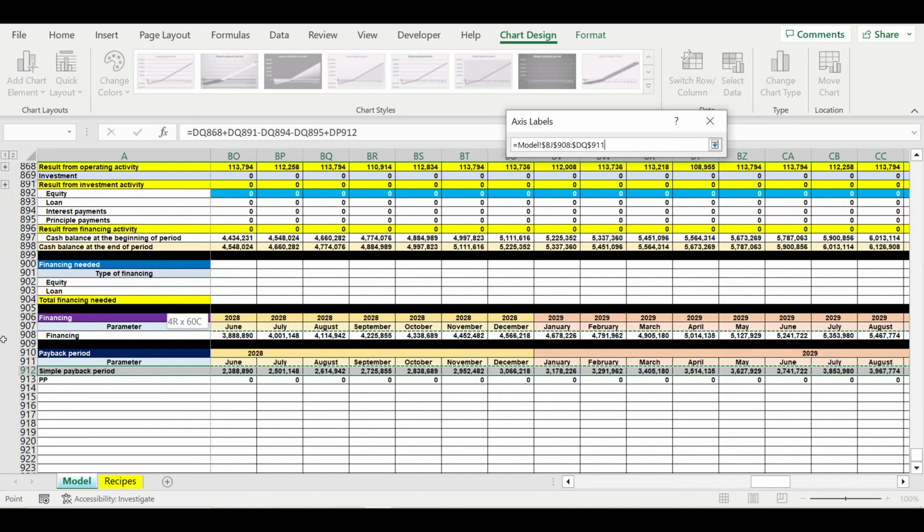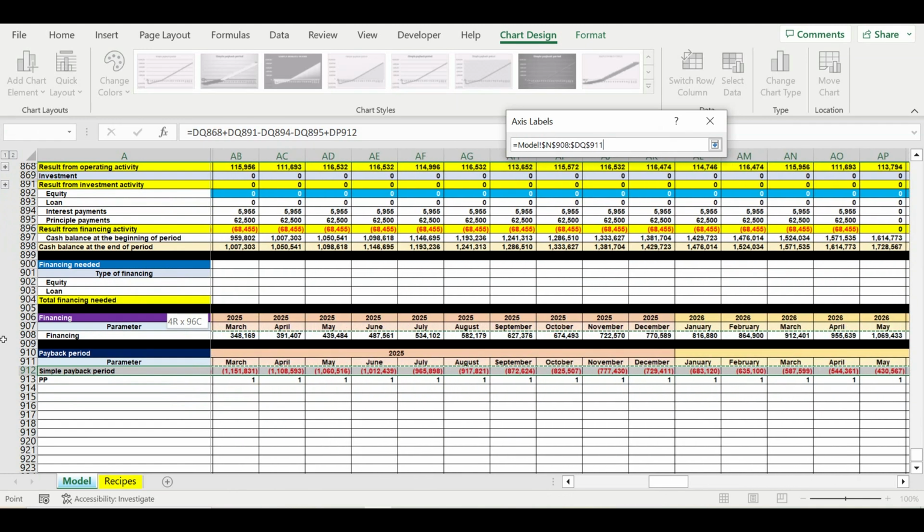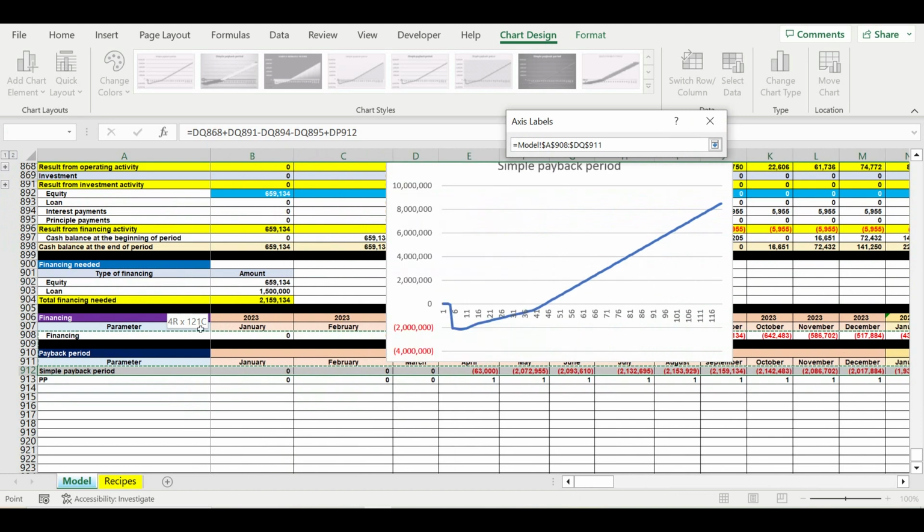Let's select the data, the timeline. This is for the OX axis.